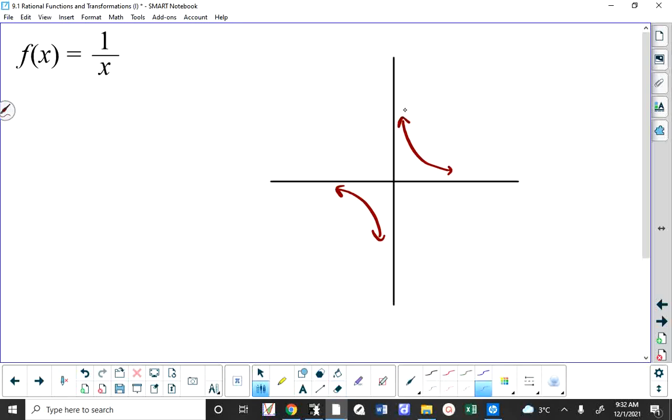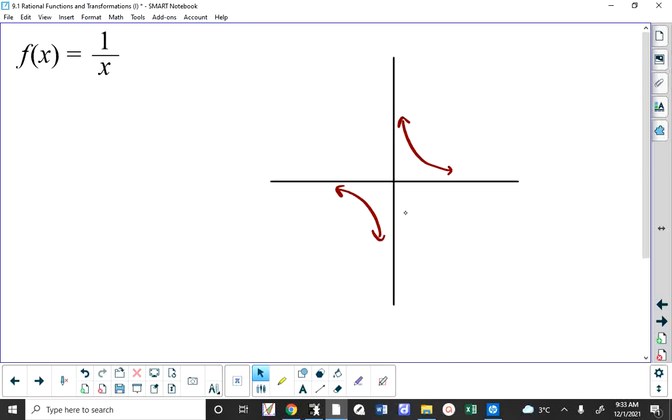What I'm getting at is, and I don't want you to draw this, but if you drew the line y equals x in here, which is a line at a 45-degree angle, it would slice each of those two arcs into mirror images. As well, they're identical except they're in different quadrants.